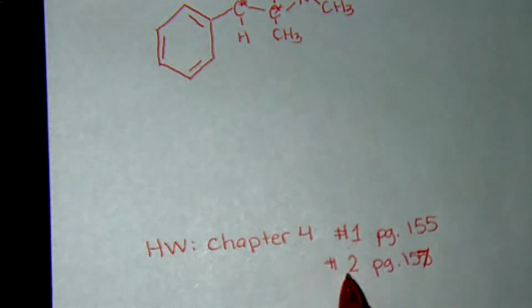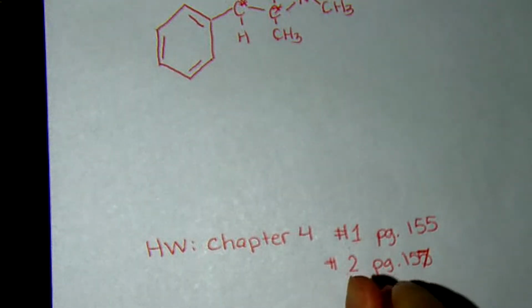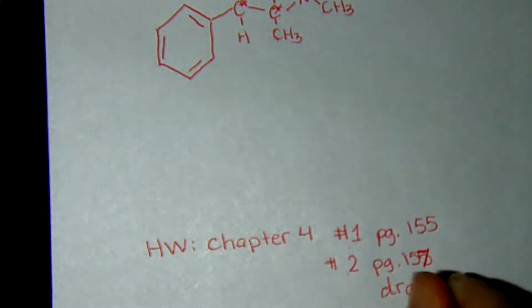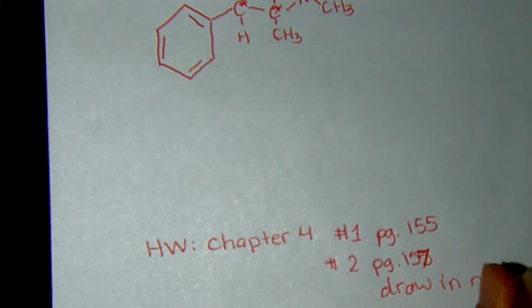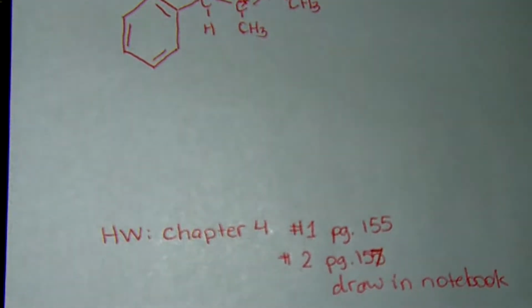And then number 2, which is on page 157, what you want to do is draw it in your notebook. There's a B, C, and D. I want you to go ahead and draw it.